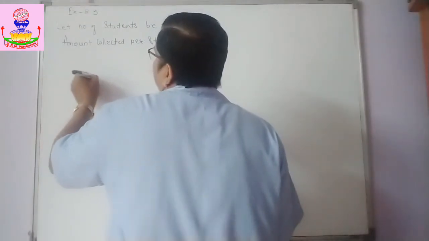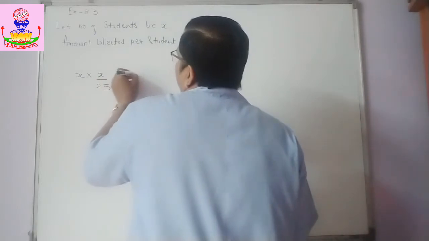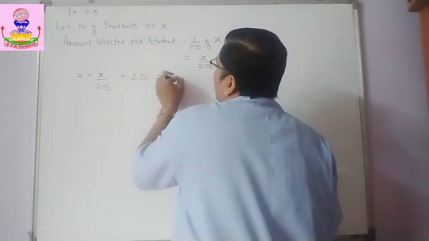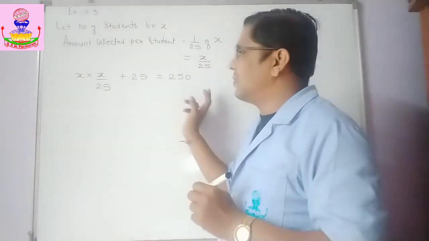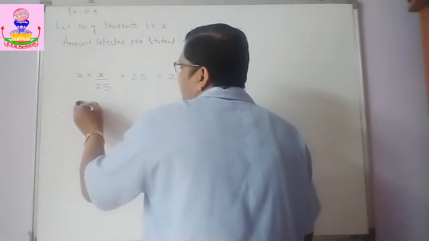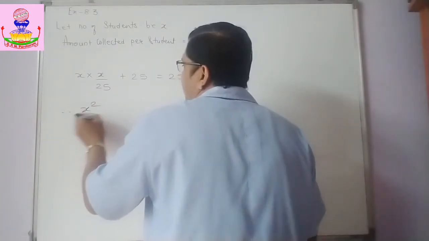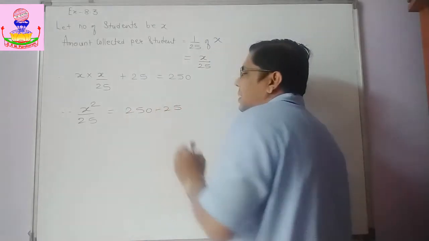So let us put it in an equation. x into x upon 25 plus 25 is equal to 250. Now bring this 25 to this side. So you will have x square upon 25 equal to 250 minus 25.